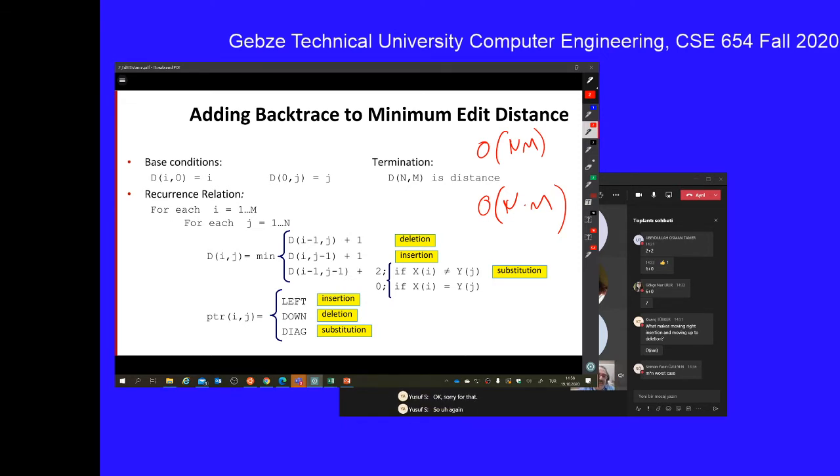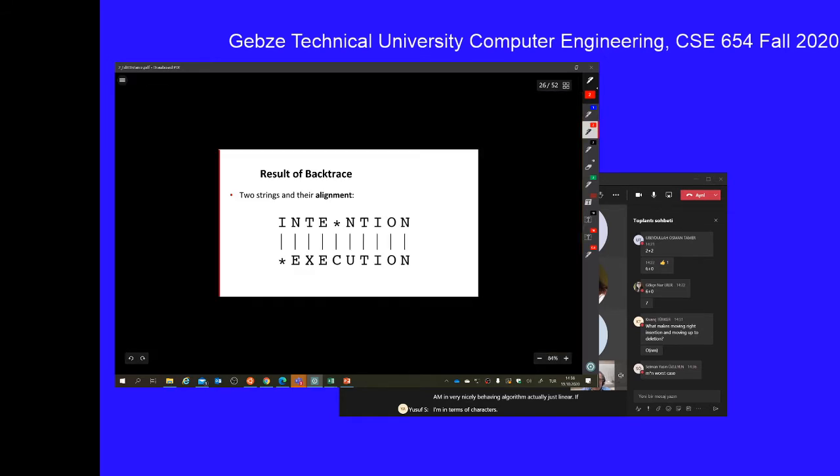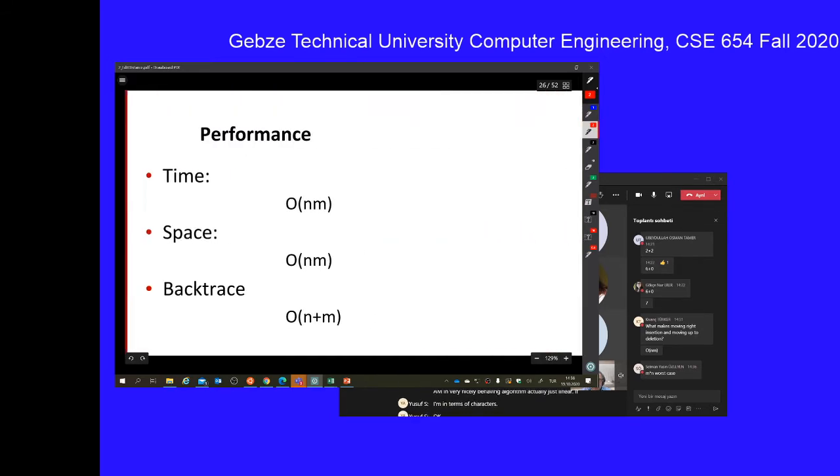Again, for the space it is an M, for the time it is an M. Very nicely behaving algorithm actually. It is linear time in terms of characters. Okay. And I got the alignment.